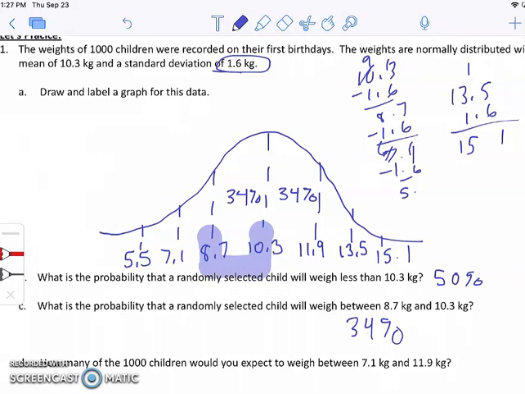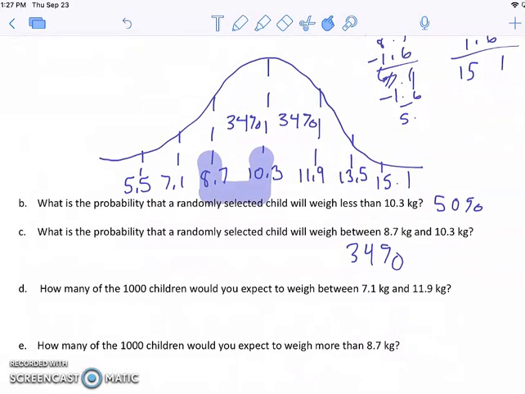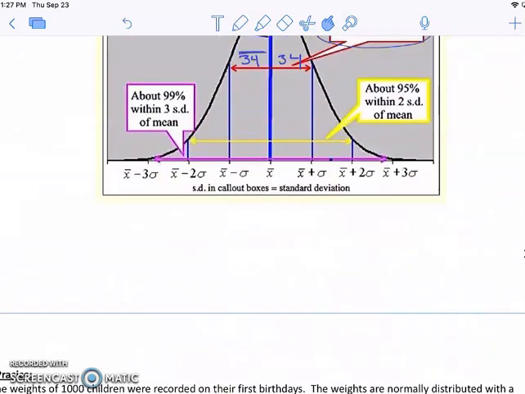How many of 1,000 children would you expect to weigh between 7.1 and 11.9? I'm going to highlight this, change the color here. We want between here and here. If we divide this up, within 1 standard deviation is 34%, but this other part is within 2 on that side.